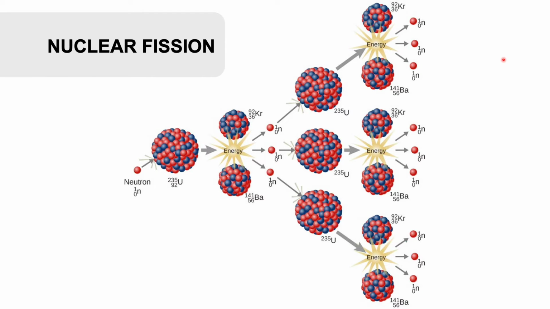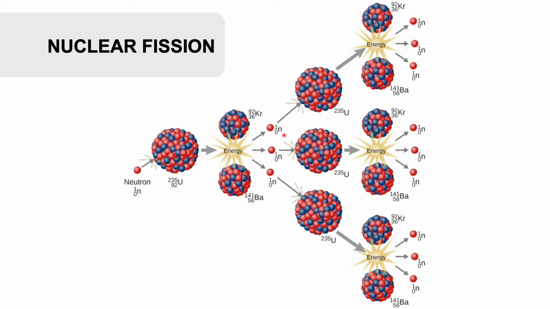Do you still remember the chain reaction I talked about before? So this is how the chain reaction of nuclear fission happens. When a heavier nucleus is being bombarded by a neutron, it will split into 2 lighter nuclei and release 3 neutrons as well as abundant amount of energy.